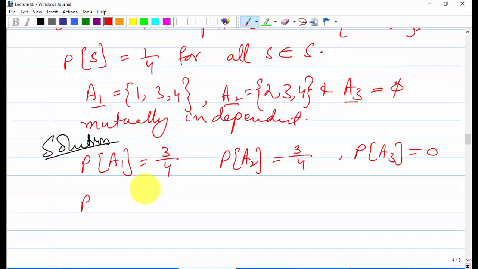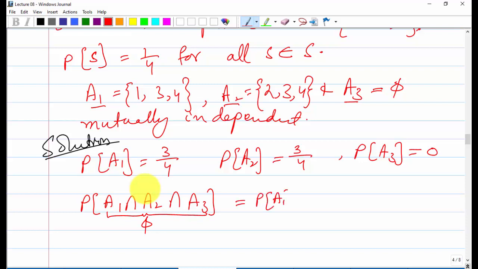Obviously the probability of A1 intersection A2 intersection A3 is also a null set, so that will be equal to probability of A1 times probability of A2 times probability of A3. Again this is 0, because this is 3/4, 3/4, 0.